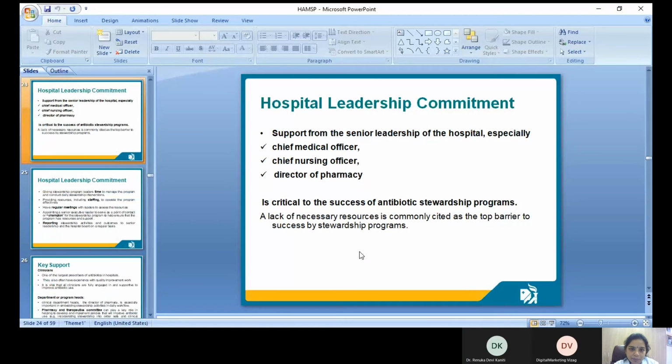Coming to the hospital leadership commitment, it is very crucial to the success of AMS. So it needs strong support from the senior leadership of the hospital, especially the Chief Medical Officer, Chief Nursing Officer, and Director of the Pharmacy. A lack of necessary resources from the hospital leadership is one of the top barriers for the success of a stewardship program.